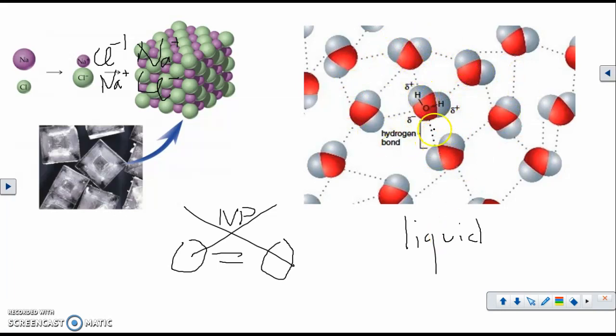And hydrogen bonding, FYI, just as an aside, is actually hydrogen connected to either oxygen, like water. It can also be connected to fluorine, or it can also be connected to nitrogen. So anytime you see hydrogen attached to any of those three, you assume there's going to be hydrogen bonding present, okay?